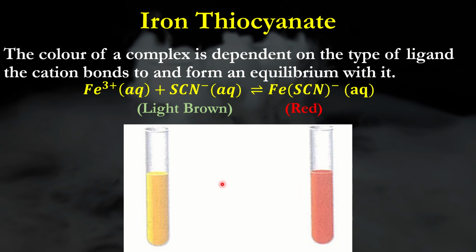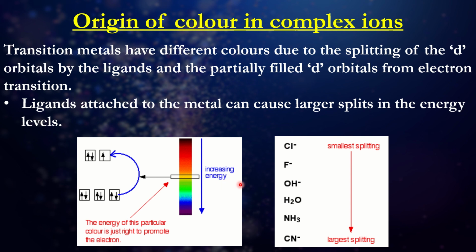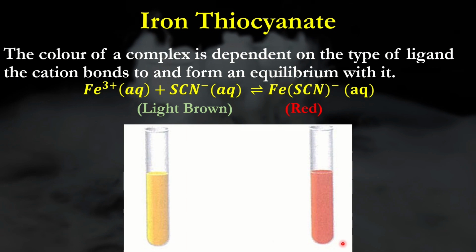What's happening is we're causing a splitting effect to occur. As we talked about, the cyanide has the largest splitting, so it's going to absorb more of that blue light to migrate up, and so that's why we see red overall.